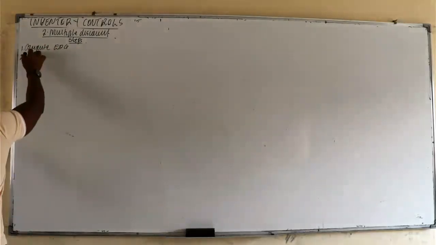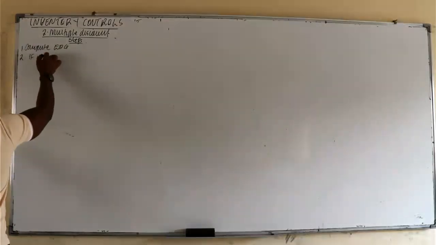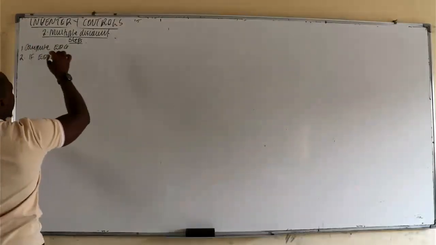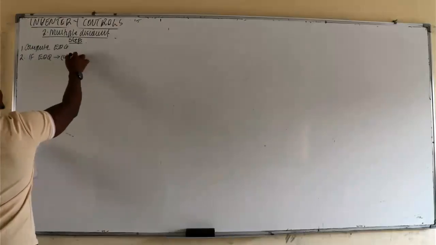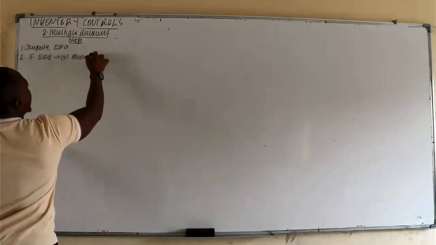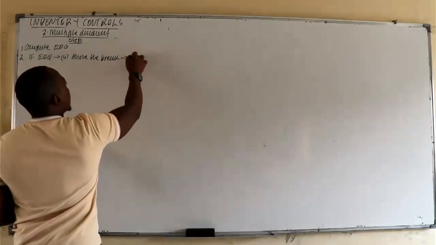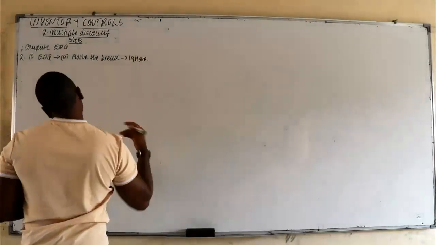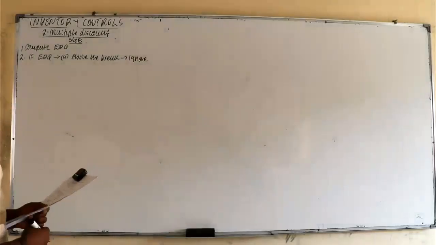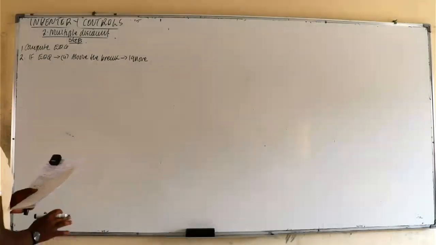Then step number two, you make a decision. If EOQ is above the break, that one you should ignore, because it will not be feasible, it will not make economical sense.